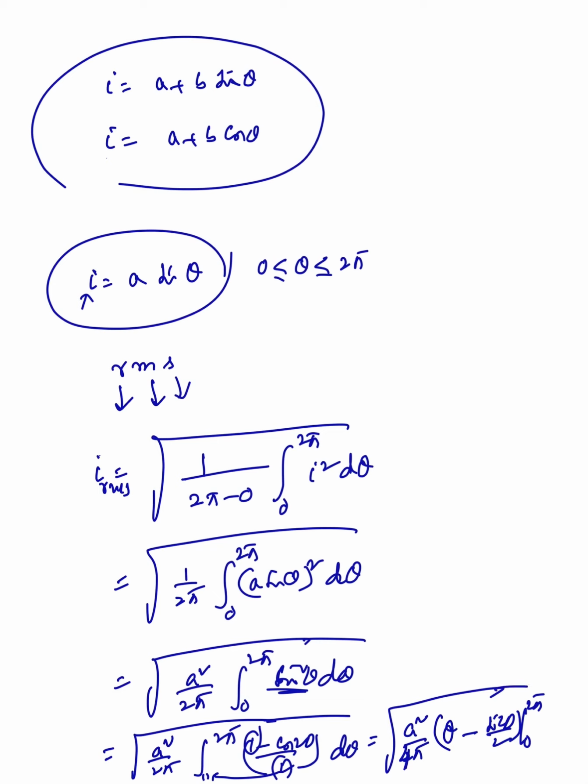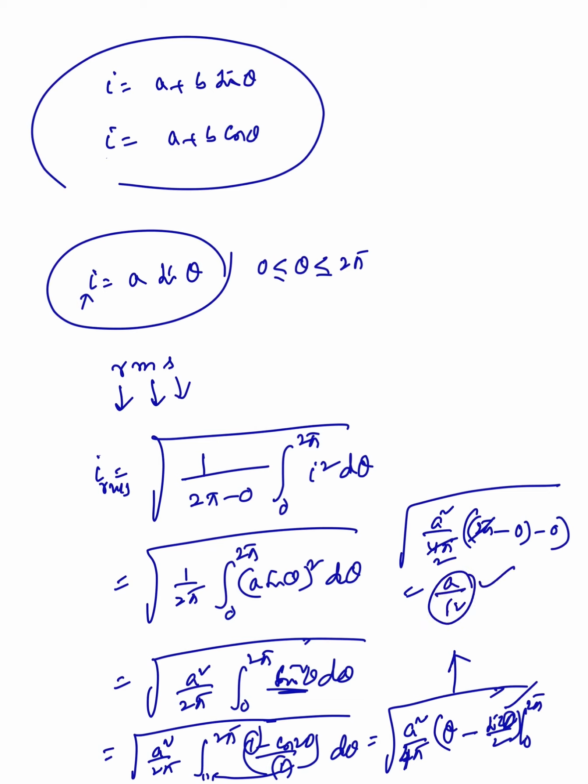If you substitute the values, a square by 4 pi times (2 pi minus sin 4 pi by 2, minus 0). This is under root. So both will cancel each other. So a by root 2. This is the RMS value of the given function.